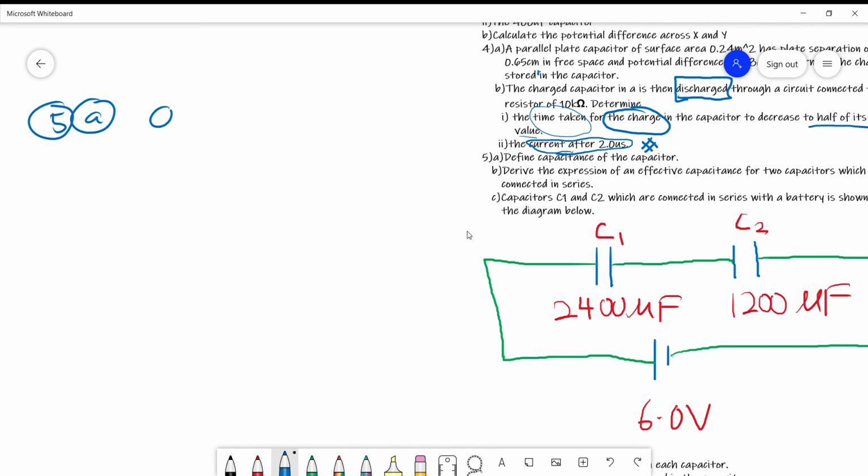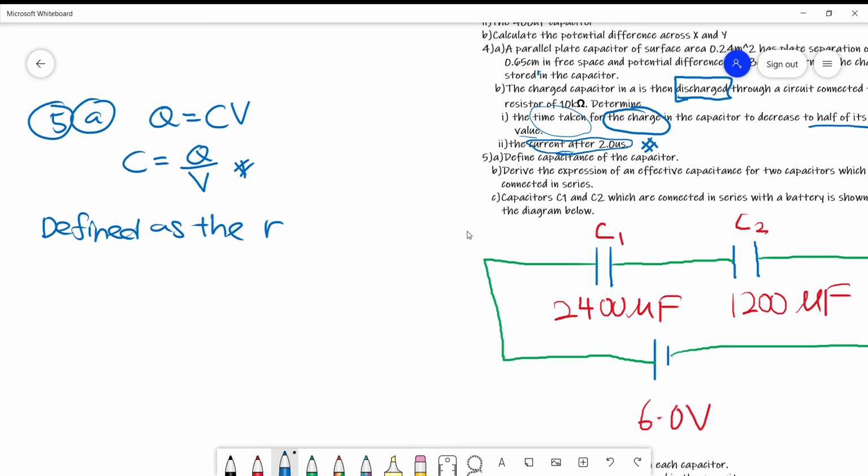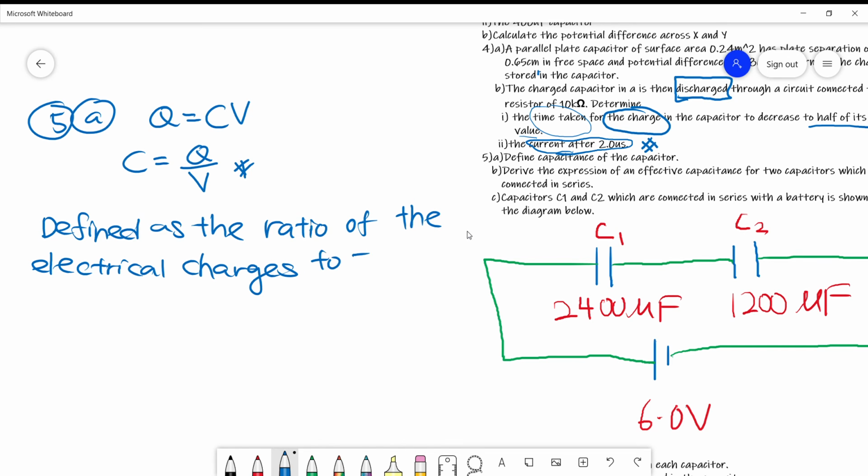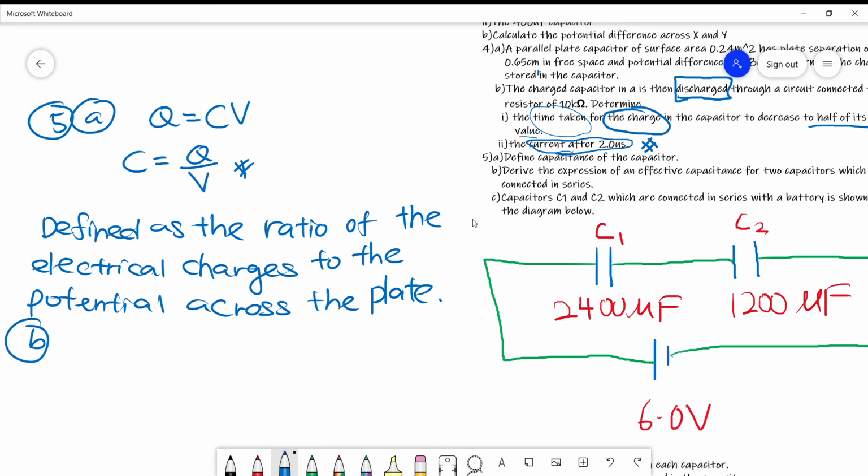We know that Q is equal to CV, so C is equal to Q over V. This is the definition for the capacitance, which is defined as the ratio of the electrical charge to the potential difference across the plate.